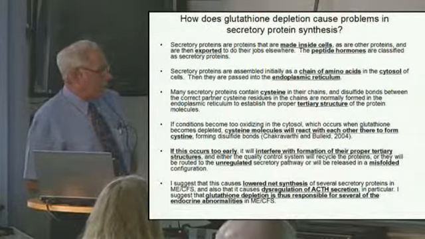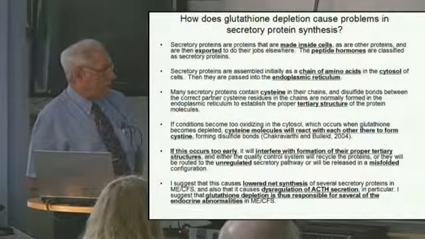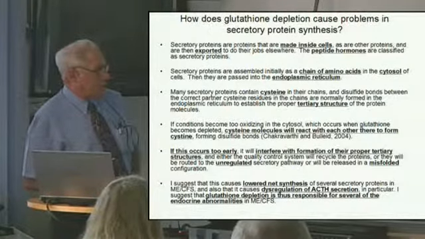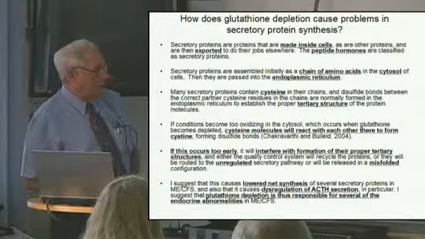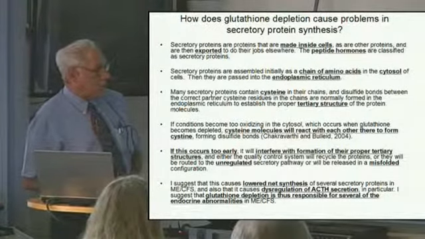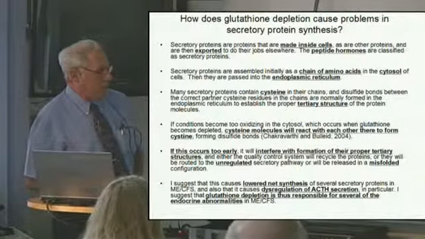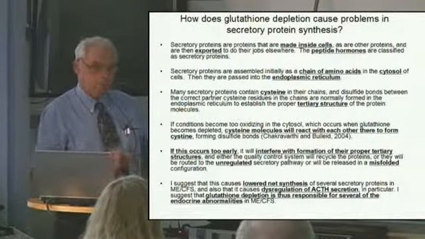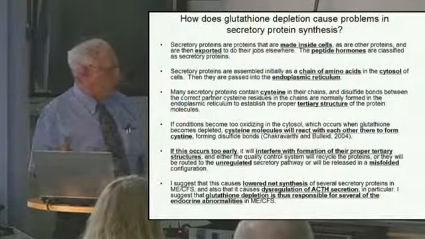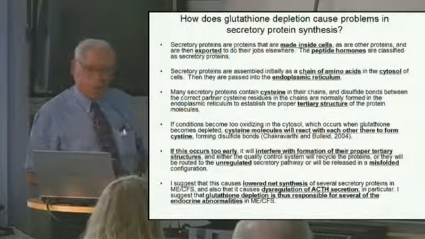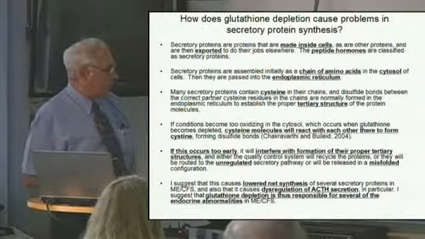In the case of ACTH, for example, it causes the molecule to go to the unregulated secretory pathway. And some of them are also released in a misfolded shape, so that when they go to the receptor, it doesn't recognize them. So it causes a lot of problems with this category of proteins.